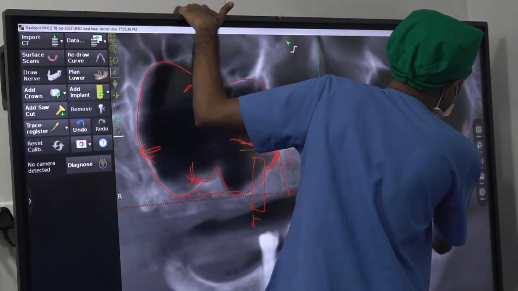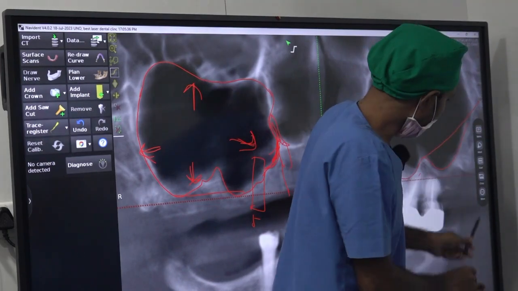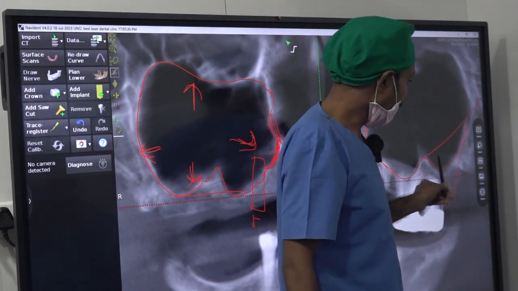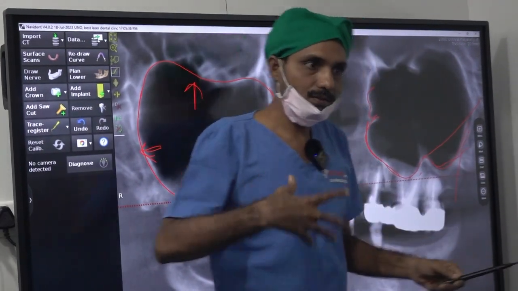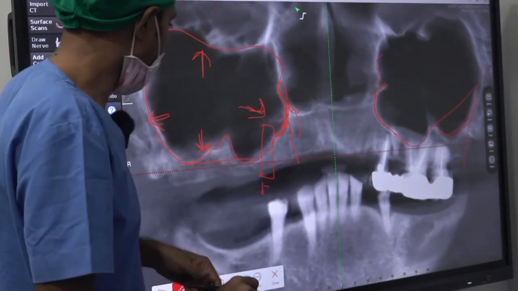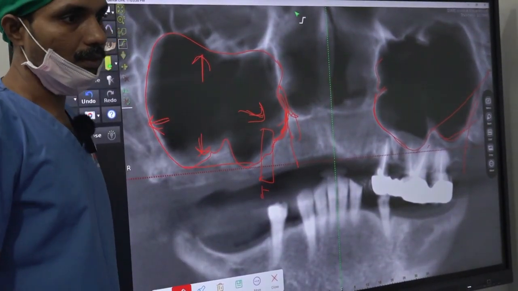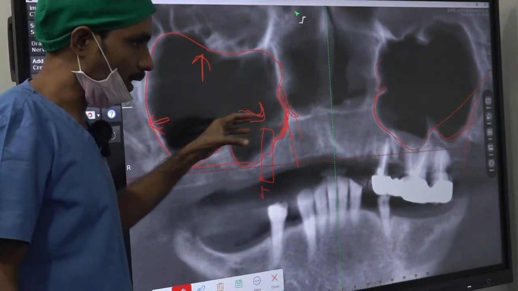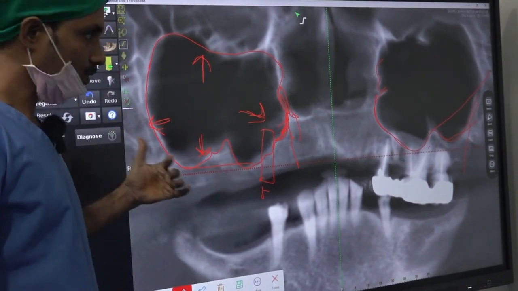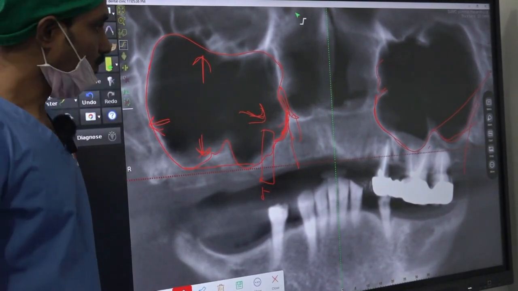If the sinus is still here, we can place an easy pterygoid here. But here it is removing all the tuberosity and going close to the pterygoid. So the sinus is the main problem: how much anterior it goes, how much back, how much down.